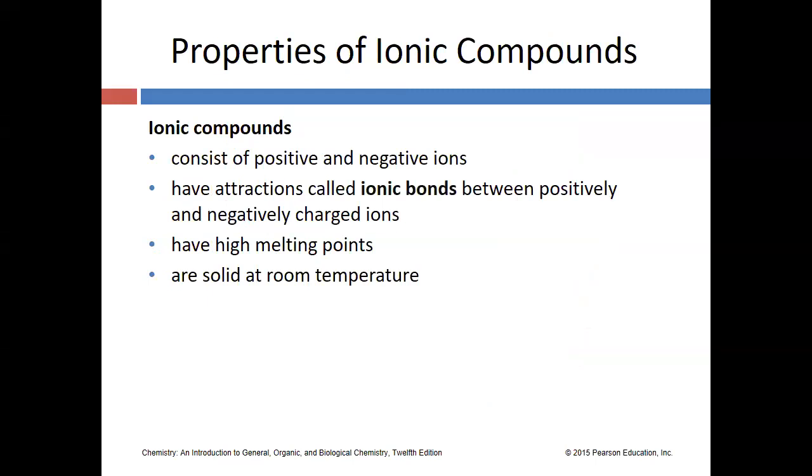So in ionic compounds, we see that there are going to be positive and negative ions. They are going to be drawn to each other through these attractive forces. Those attractive forces are called ionic bonds. Generally speaking, these compounds have high melting points and are solids at room temperature.